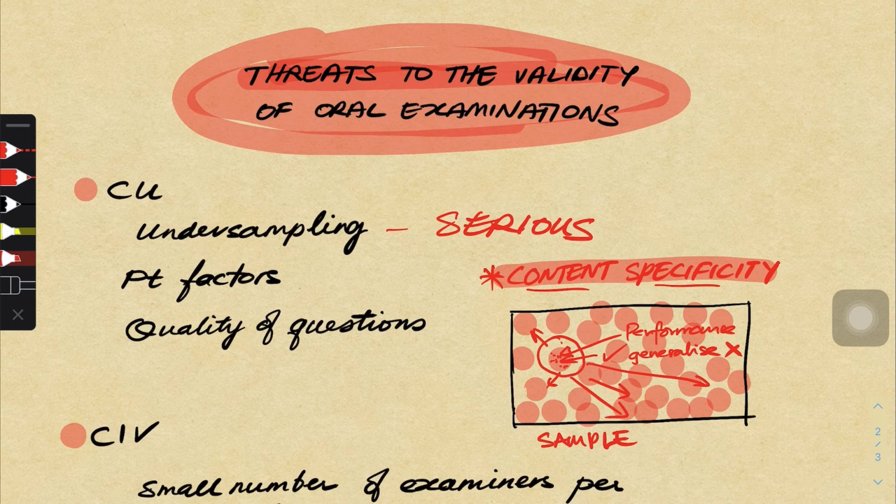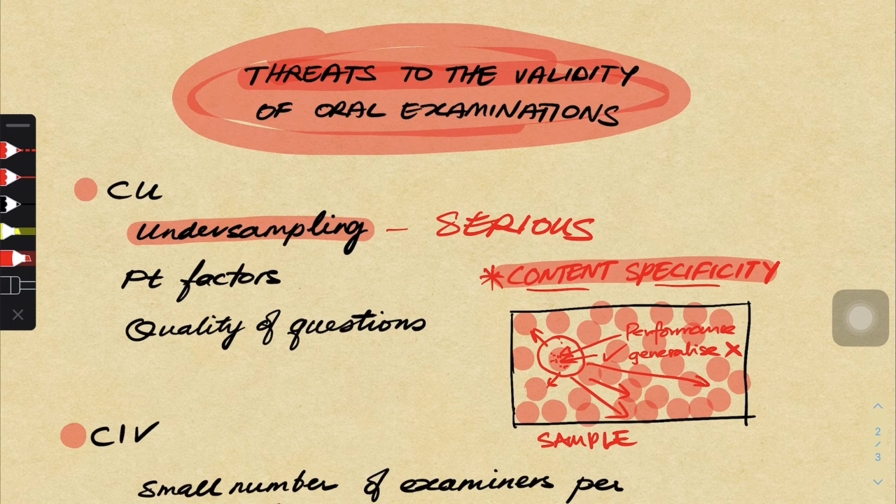And now you understand why in oral assessments undersampling is a serious threat, because it takes time to conduct oral examinations. For example, just one long case will take about 1 hour or maybe more.